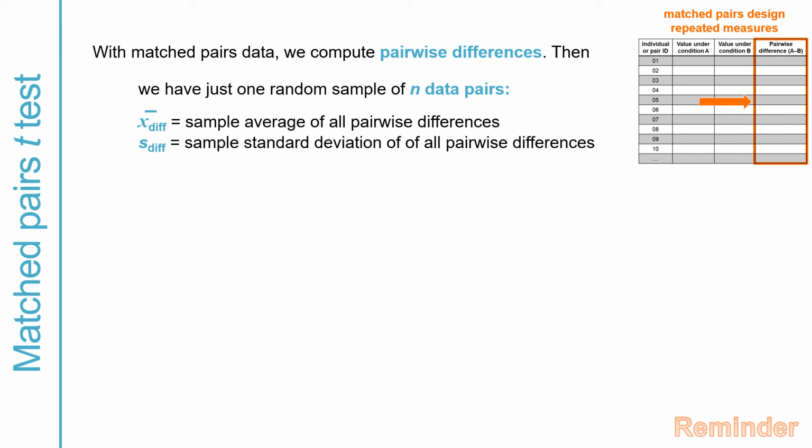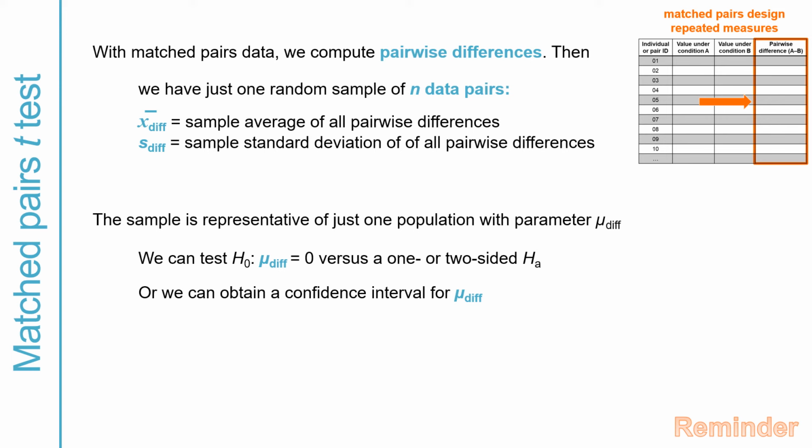We will then use those calculated pairwise differences to calculate the summary statistics, the sample mean for the differences, x bar diff, the standard deviation for those n pairwise differences, s diff, and use those values for inference about the unknown mean mu diff of the target population.